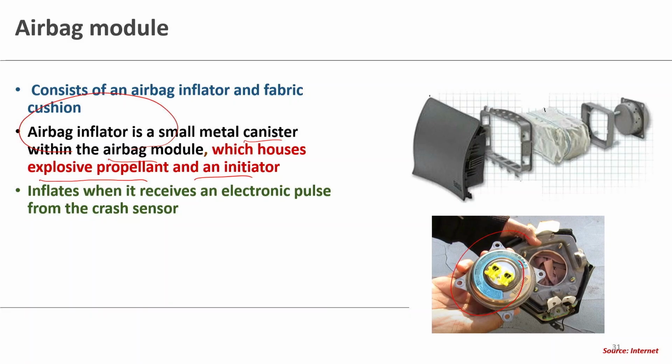It inflates when it receives an electronic pulse from the crash sensor. The crash sensor sends the electronic pulse, and then there will be a chemical reaction, which will generate some gases, and that will inflate the airbag.